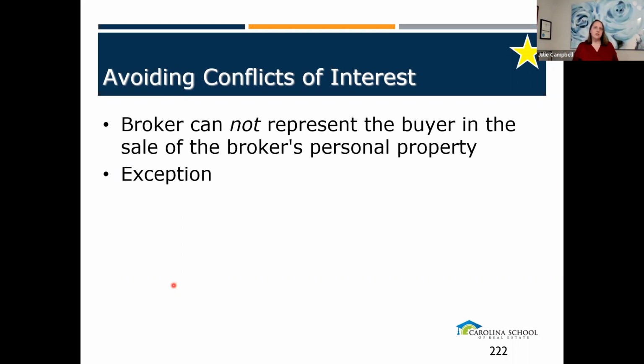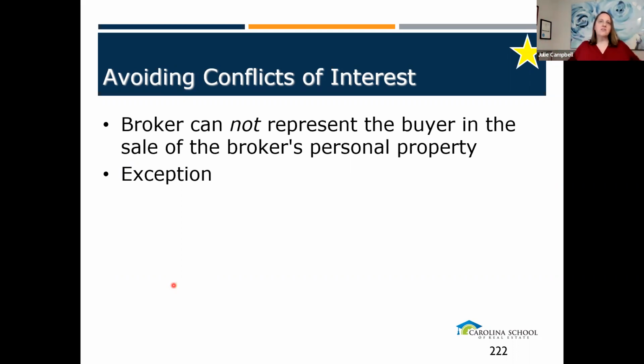We always have a duty to avoid a conflict of interest. And covered under that duty, I cannot represent the buyer in the transaction when my name is on the deed. Boy, doesn't that make sense? I cannot represent the buyer in that transaction. What does Old Car say?